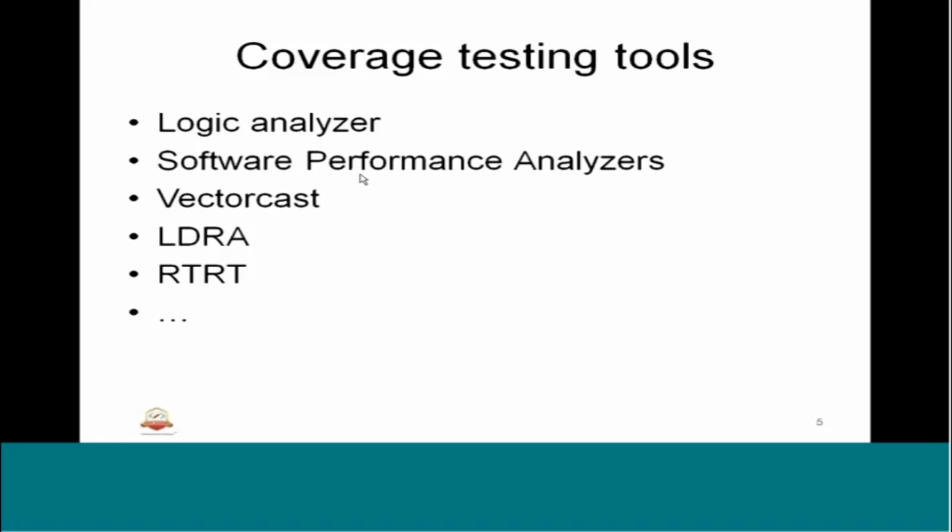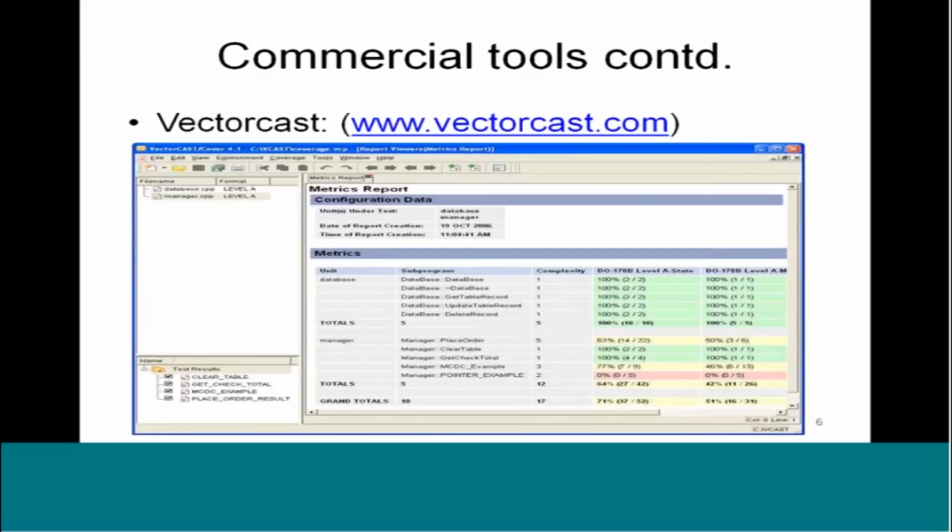Okay, let us try to understand the basic thing about these tools. VectorCast. This is a tool from Vector Cast Corporation. In aerospace, this is being used more, where they define different levels and they do the instrumentation of the source code and they run that tool, and we will get a report such as what is being shown below.